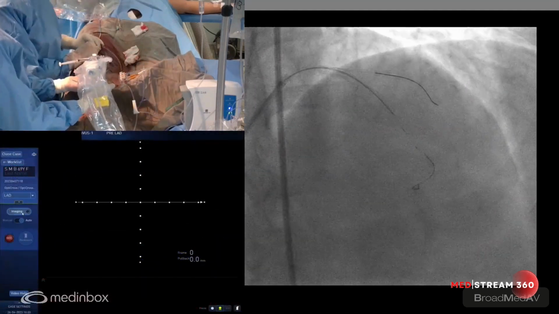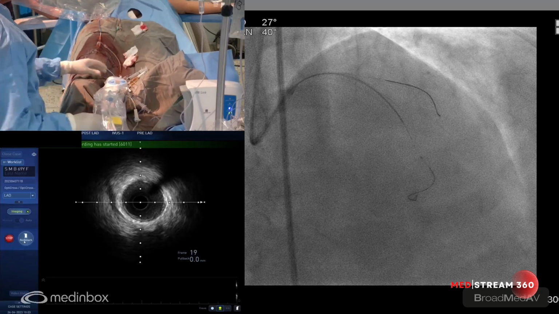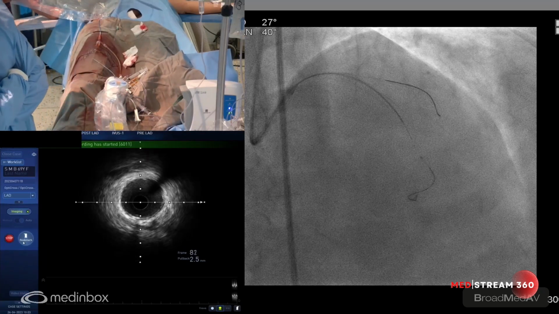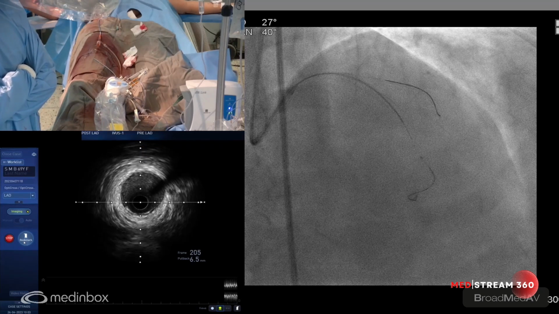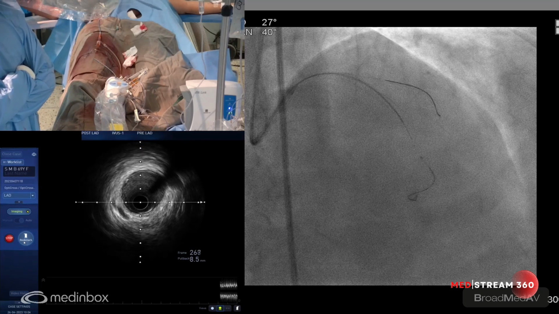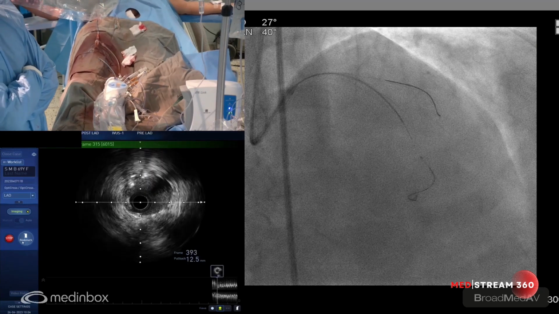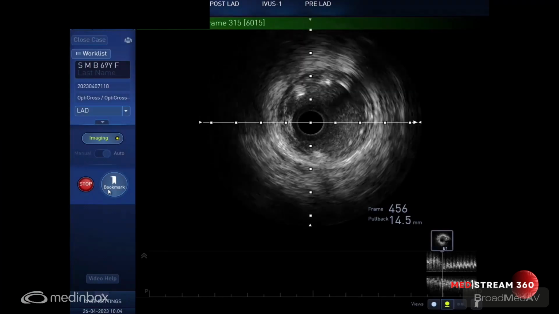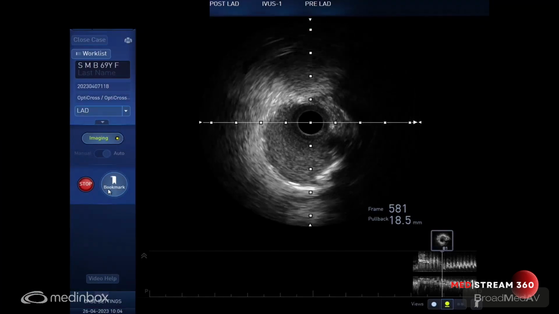So this is the IVUS, which is crossing smoothly. We're very distal to the stent. Take some pictures. So we are at the distal segment of the IVUS and the pullback has been started. Coming to the stent portion, you can notice that not much dissection was noted. The expansion is reasonably good.